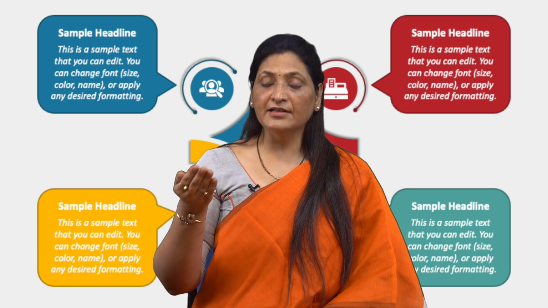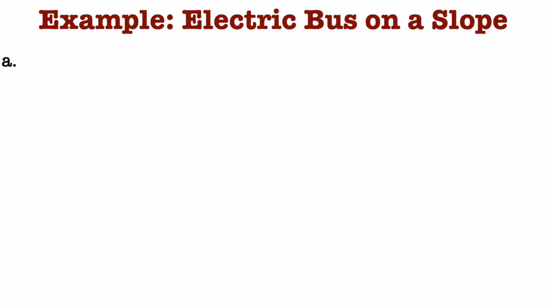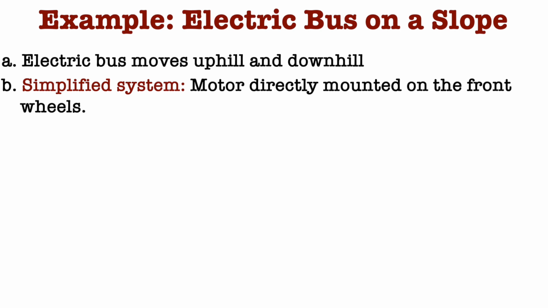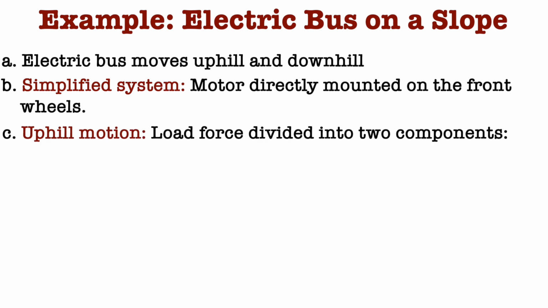Let us see another example. The figure here represents an electric bus which is driven uphill then downhill. To simplify the system, assume that the electric motor is directly mounted on the front wheels of the bus. Let us first study the system motion in the uphill direction. The force of the load is divided into two components.